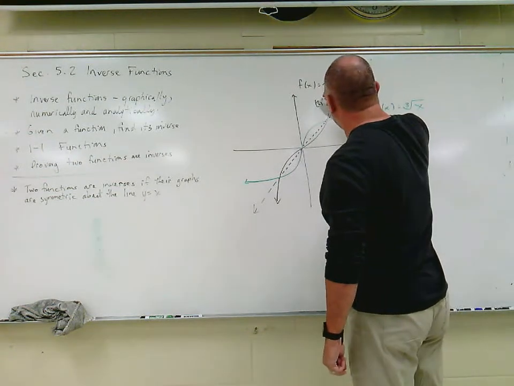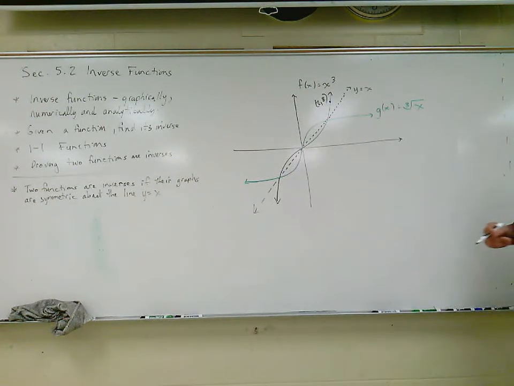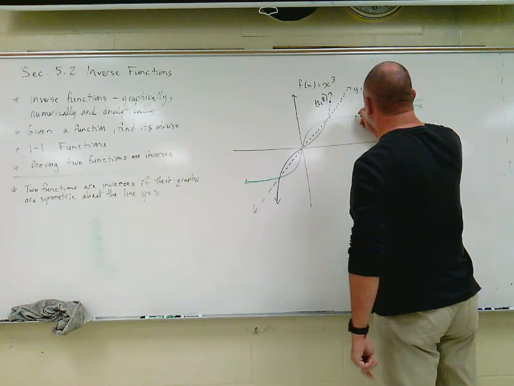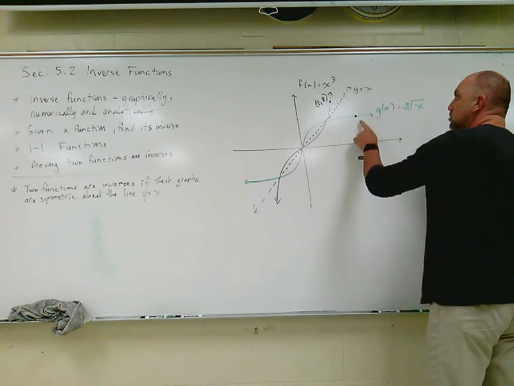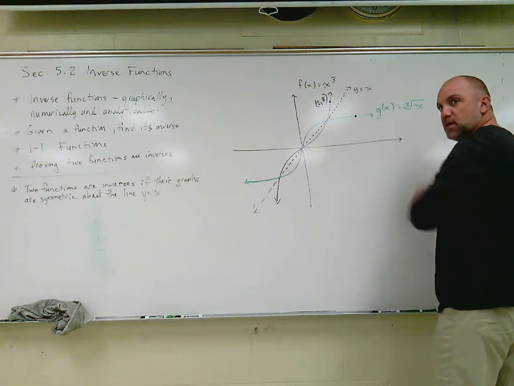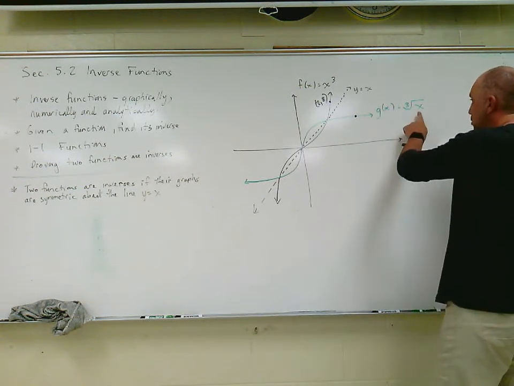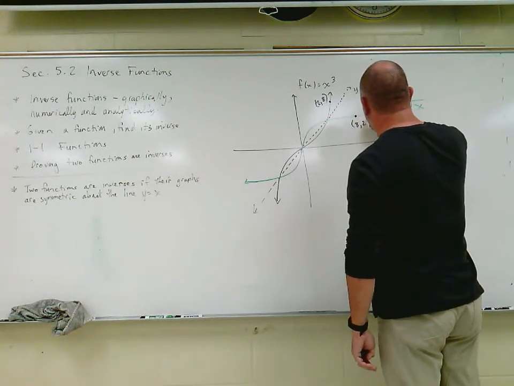Okay? Now the question is, if I fold this over about the line and it lands on the inverse graph, the other graph, does anybody know what this point should be? What should be the mirror point? It is 8, 2, because the cube root of 8 is 2. And it is the point (8, 2). That is correct.